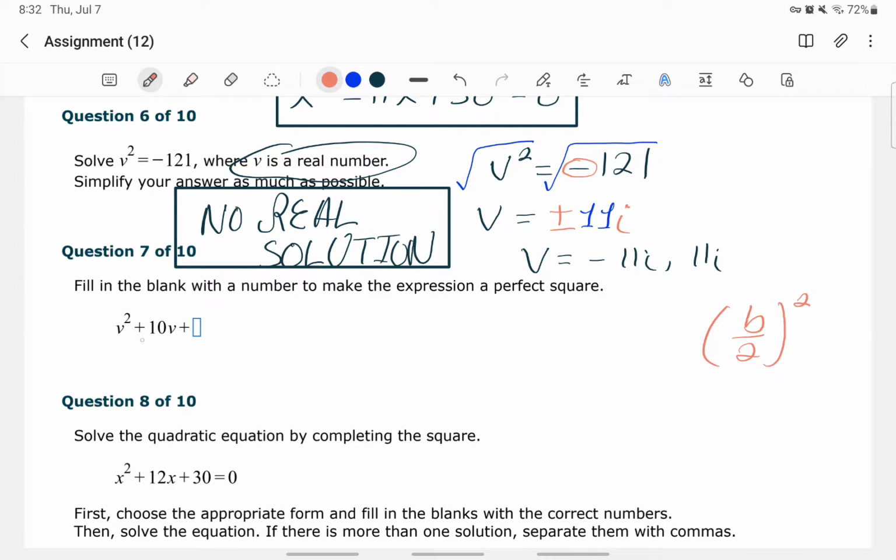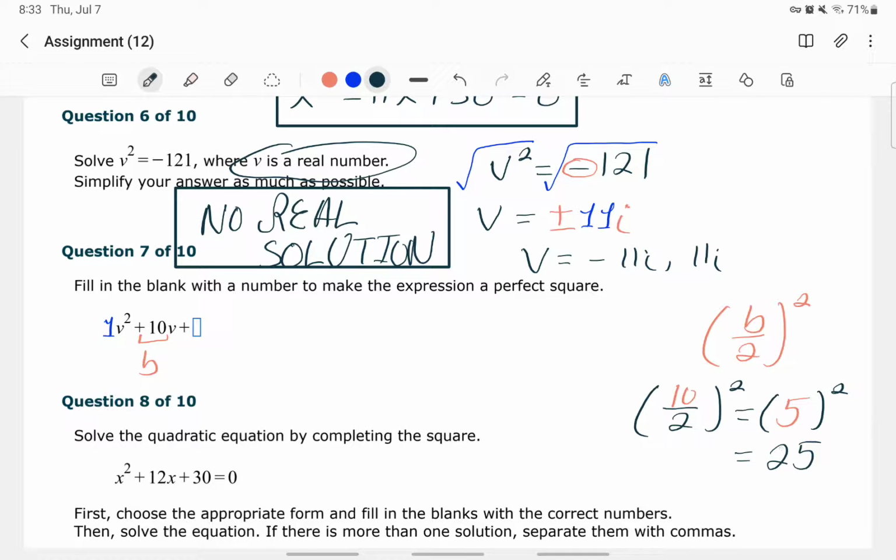Now, the b value in this case is going to be 10. And remember, you must make sure the number in front of your squared term is 1, which is the case. So to complete the square, 10 is B. So 10 divided by 2 squared. 10 divided by 2 is 5. 5 squared is 25.